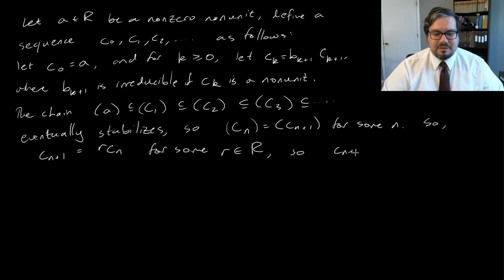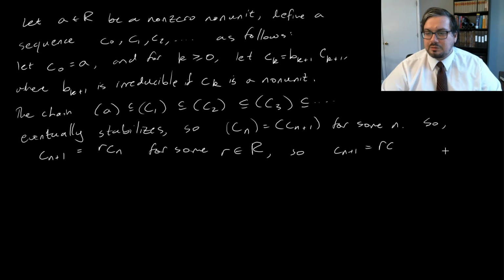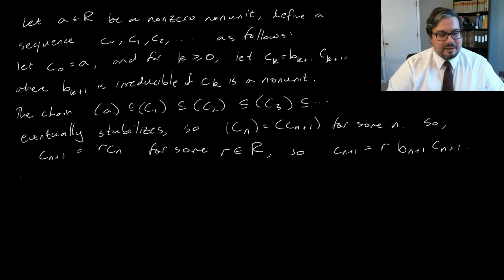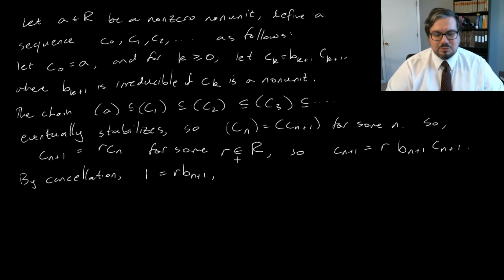And so we have that Cn plus 1 is equal to r times Cn, and Cn is equal to Bn plus 1 times Cn plus 1. And again, by cancellation, we have that 1 is equal to r times Bn plus 1.